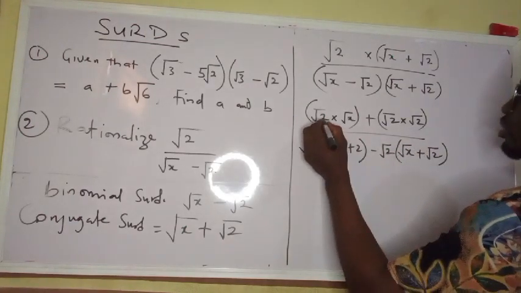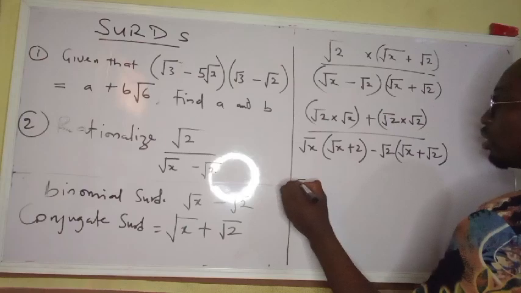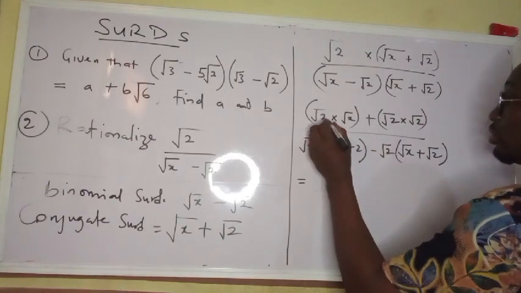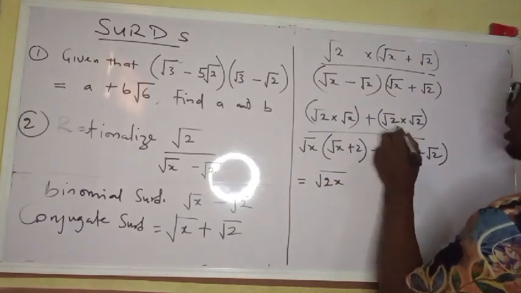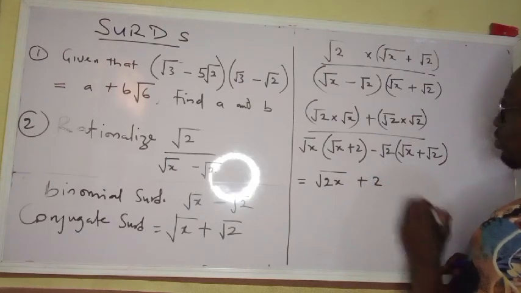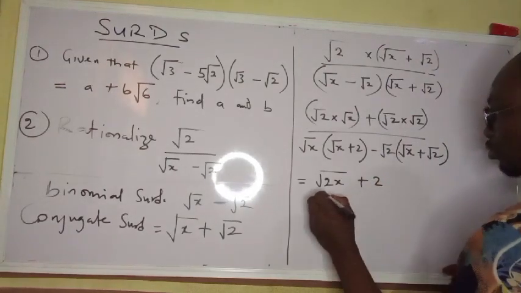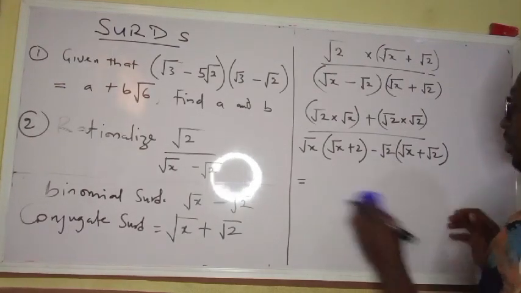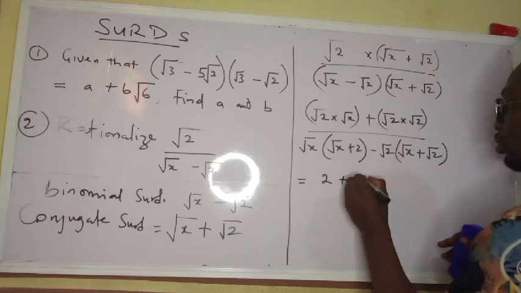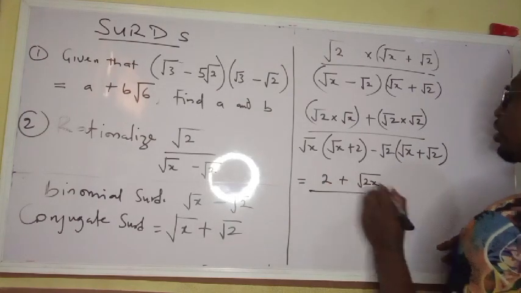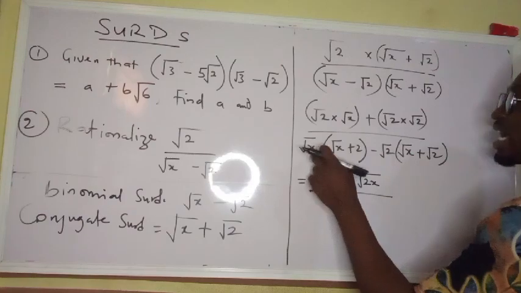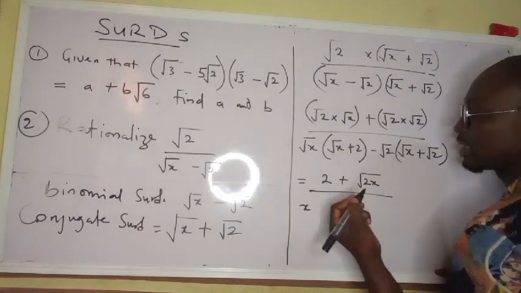So on the numerator we have √2 times √x, that is √2x, then plus 2, which we can rewrite as 2 + √2x. On the denominator, we have √x times √x, that is x.